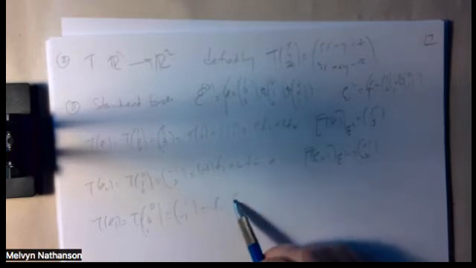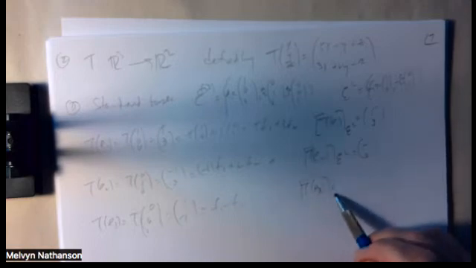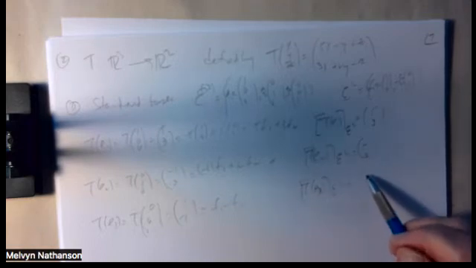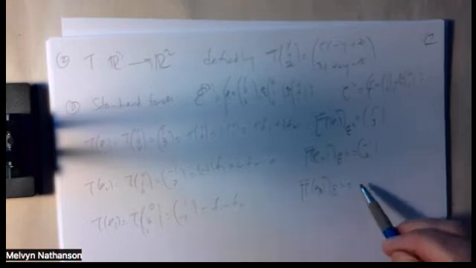And T of E3, T of the vector 0, 0, 1, when x and y are 0 and z is 1, you just get 1 minus 1, which is F1 minus F2. So T of E3 with respect to this basis E2 is 1 minus 1.